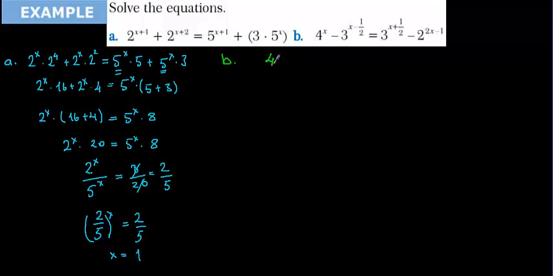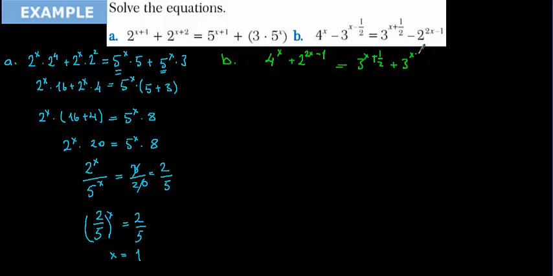B, 4 to the power of x we have here, and this is minus, and plus 2 to the power of 2x minus 1 is going to be equal to 3 to the power of x minus 1 over 2 plus 3 to the power of, pardon, this is plus, this should be on the other side, it should be plus.